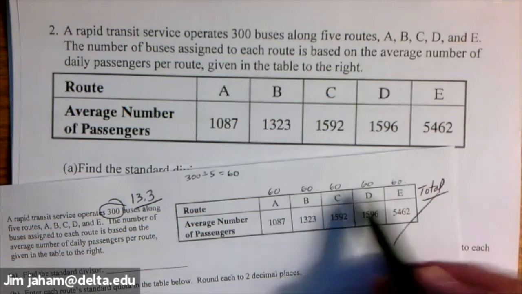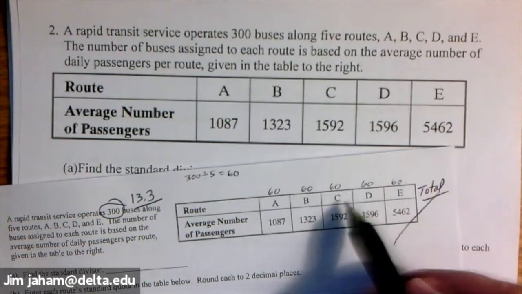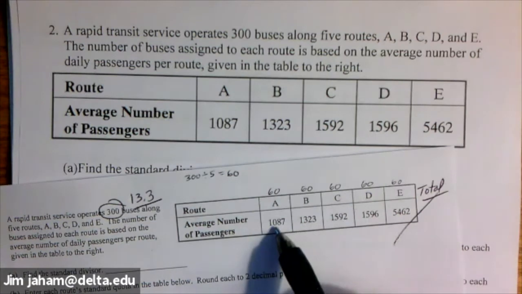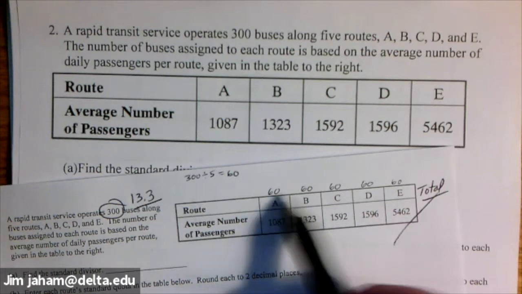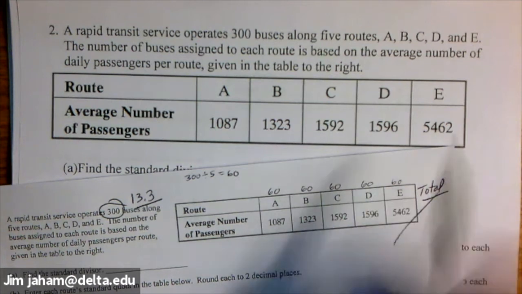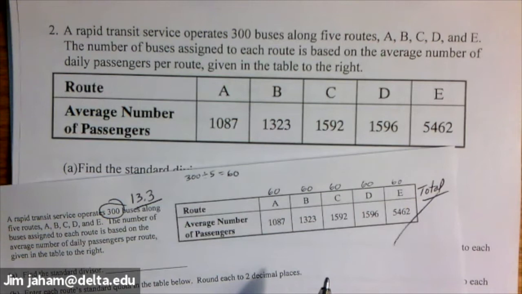We're probably going to give fewer than 60 to C and D, but they probably should be fairly close. And then Route A over here has the fewest passengers, so maybe it should get the fewest number of buses. So the 60, 60, 60, 60, 60 allocation, apportionment, probably wouldn't serve this city very well.